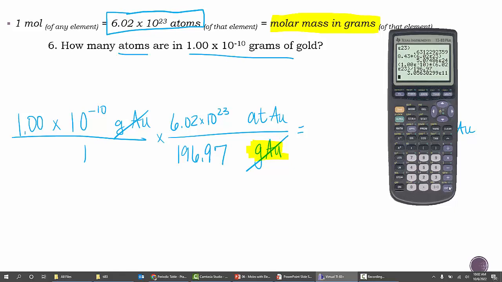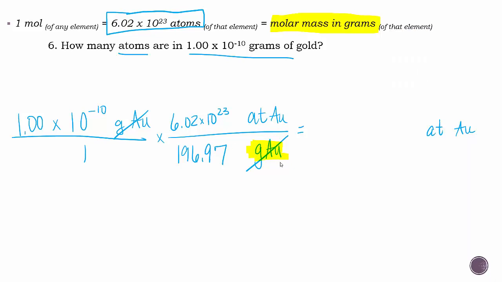Awesome. Our answer, let's think through it. We want to have 3 sig figs. And so we have 3.0, it's going to round up to 3.06. And then it has E11, so that's going to be 3.06 times 10 to the 11.